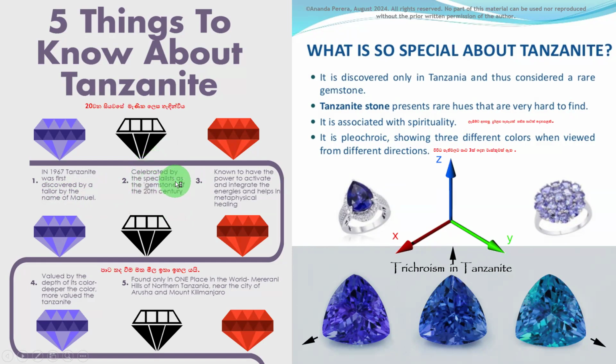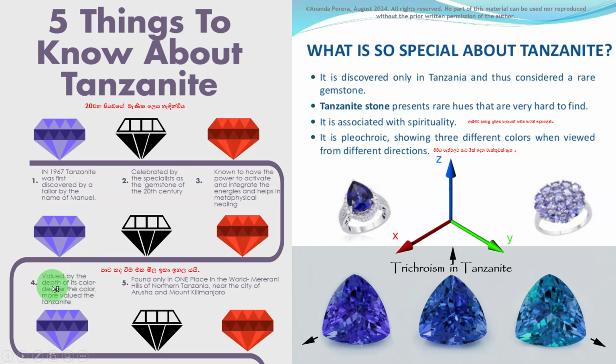Number 3, it is known to have the power to activate and integrate energies and helps in metaphysical healing, the healing properties. Number 4, it is valued by the depth of its color. The deeper the color, the more valued the Tanzanite.